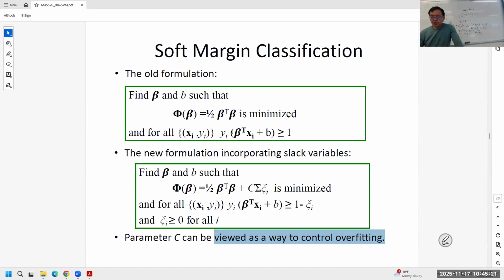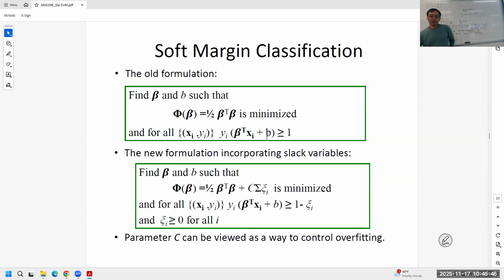If you write it out, the problem here is the same. The only thing we have in addition is the term psi in the objective function, the summation of psi, which we want to minimize, and we also have another inequality constraint, psi is bigger than or equal to 0. So all the other things are the same.